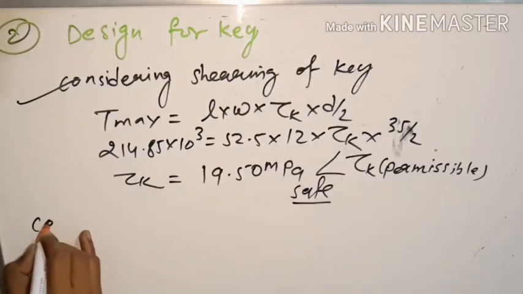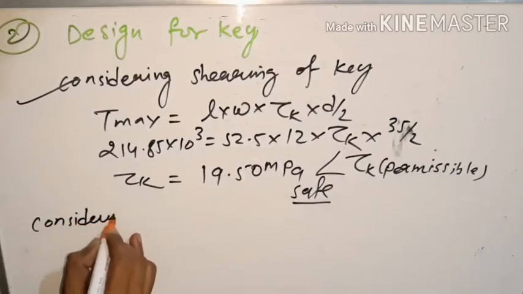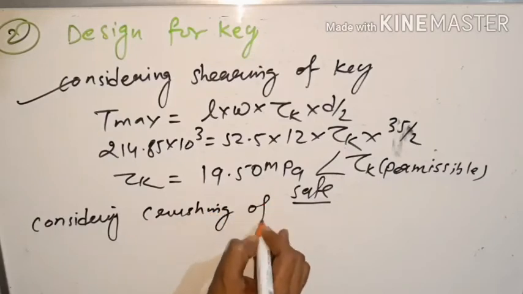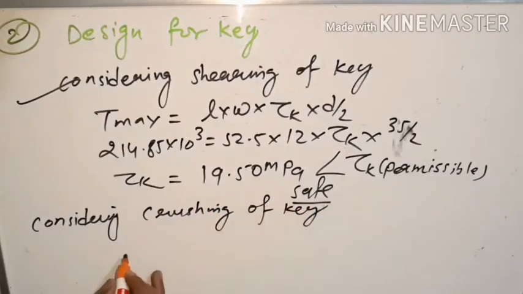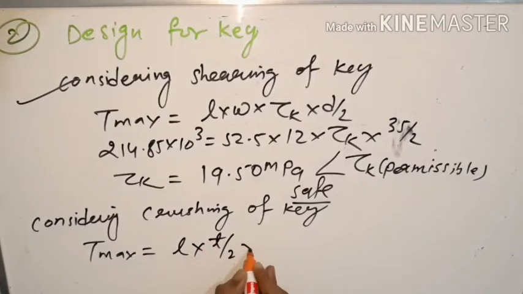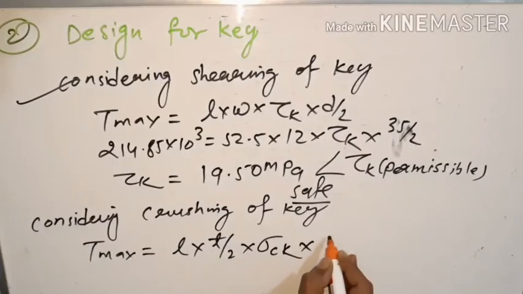Okay, now considering crushing of key, what is the equation for this? So T max is equal to L into t by 2 into sigma ck into d by 2.